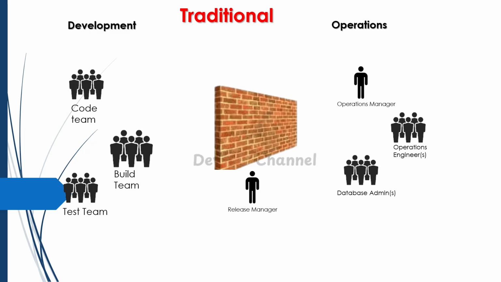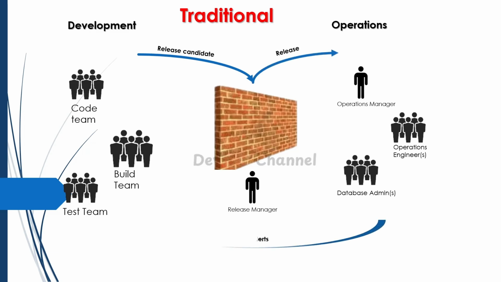The release manager decides whether the product is a release candidate for the operations team and whether it could be released or not. Then the operations team works on it and informs the development team that it is an outage alert and that it needs to be redeployed, redeveloped, or retested.